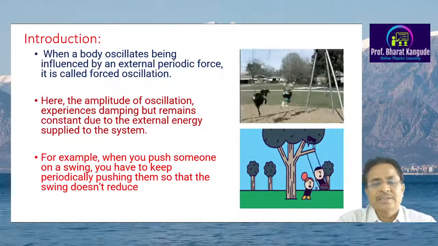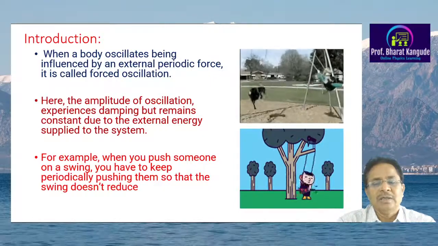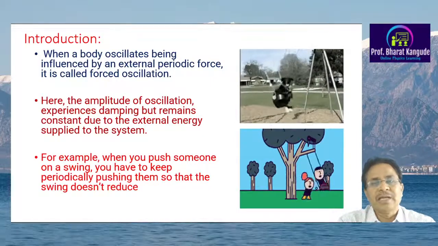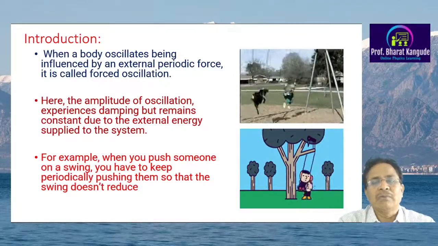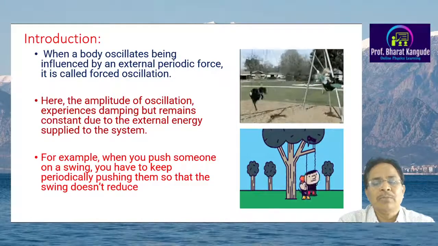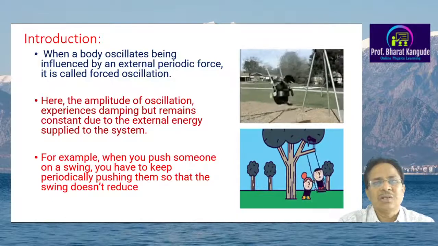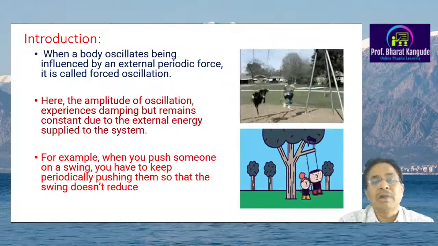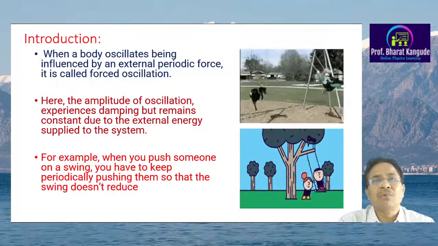In the second case, there is a good cartoon. There is one person who is swinging, and he is supported by someone else, who adds some push to the swing, and thereby the person keeps swinging for a long time. This is exactly the forced oscillation.